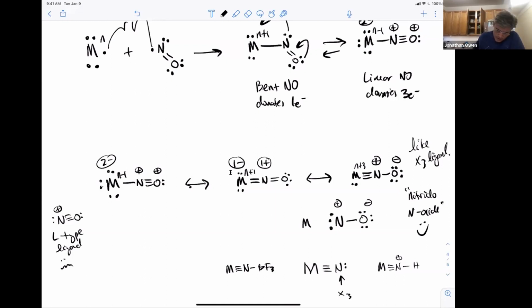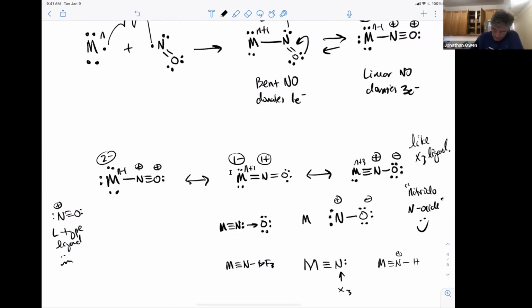N oxide is sort of similar. It's sticking to an oxygen atom. That's how N oxides are often drawn. That doesn't change the fact that it's still a triple bond between the metal and the nitrogen.